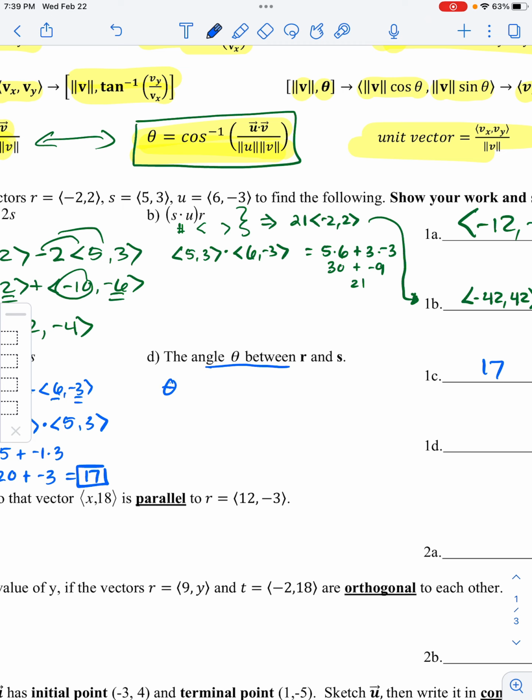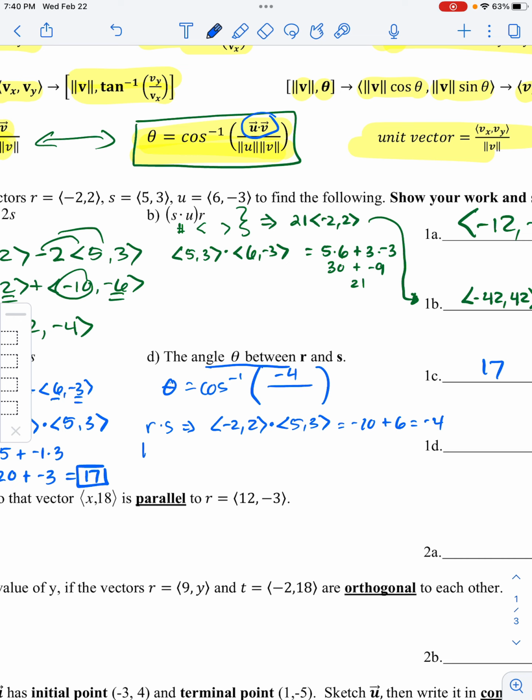So I'm going to be taking the cosine inverse of the dot product, so I need the dot product of R times S. So looking up above, I'm going to have this times this, which is going to result in -10 for the x pair plus 6 for the y pair or coordinates or components. So I'm getting -4. So R dot S, my top up here, is going to be -4.